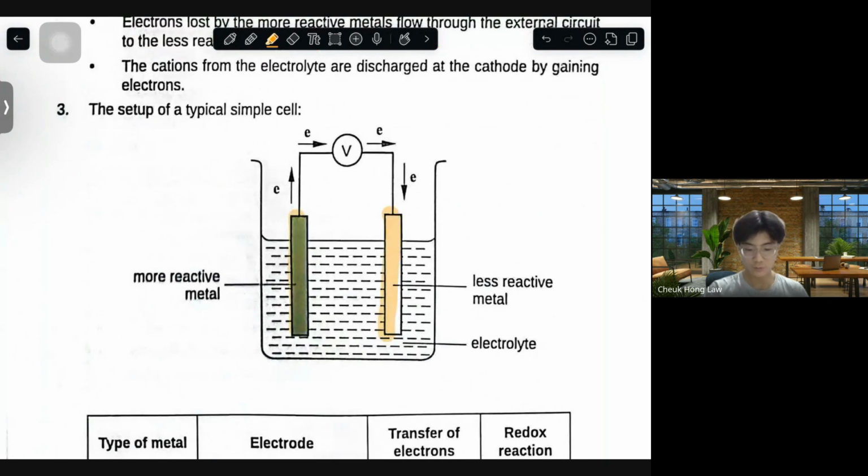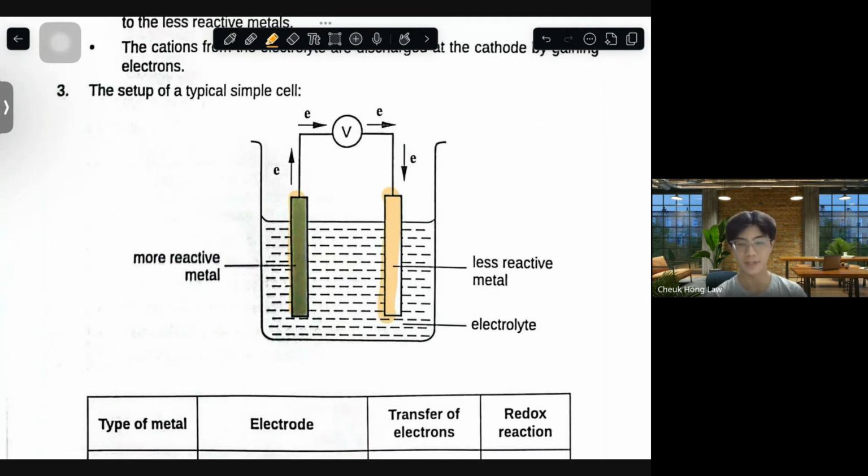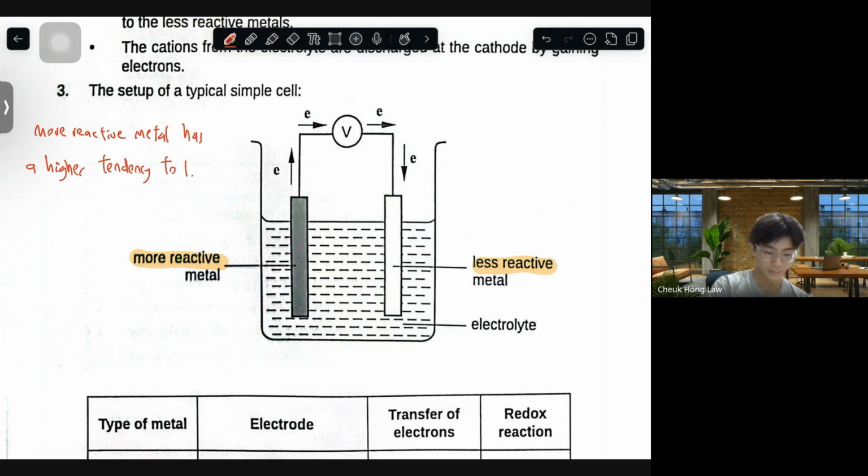You have two metals of different reactivity. So one will be more reactive, one will be less reactive. And in chemistry, I don't know if a lot of teachers teach this, but you need to understand that a more reactive metal has a higher tendency to lose electrons.